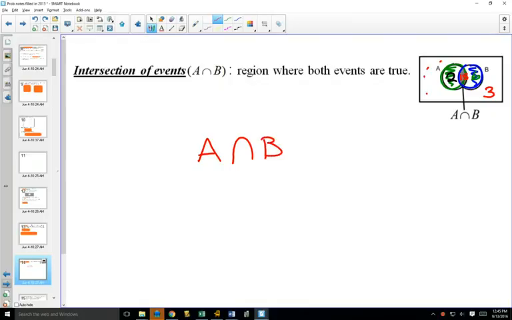A intersection B. And it means, in words, A and B. We're looking for someone who likes A and they like B. So one way that I remember this notation is I think of the word and I think this kind of looks like an A. Sometimes I think it looks like an A too much and I actually accidentally draw the line in between it, and then I go, oh, I have to erase that. Another person says it kind of looks like an N, and then if you read this it says and, but, which is really close to and.